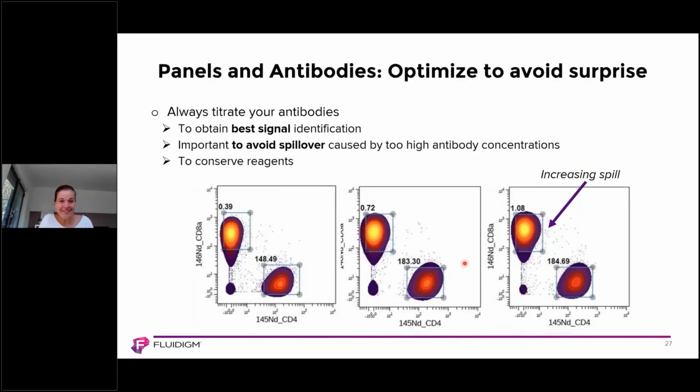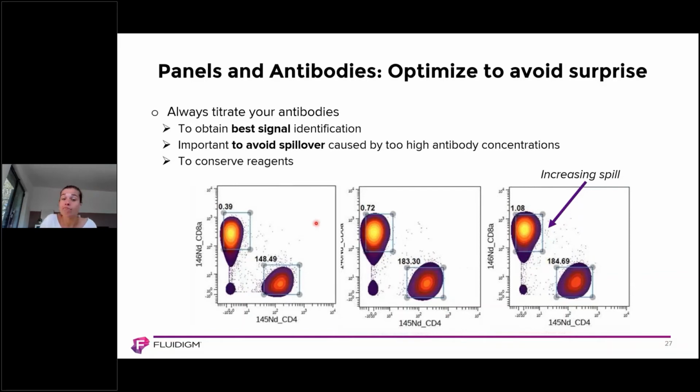As I said before, to prevent the main spillover, you can just titrate your antibodies. This is a crucial step. Always titrate your antibodies and your reagents before your experiment.